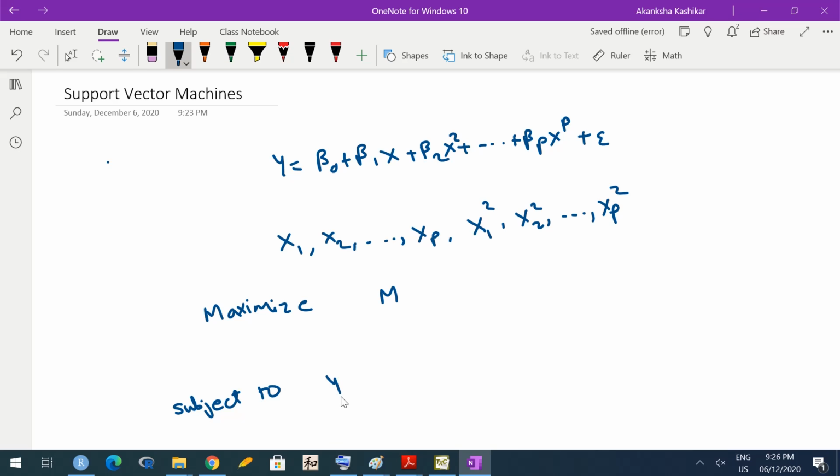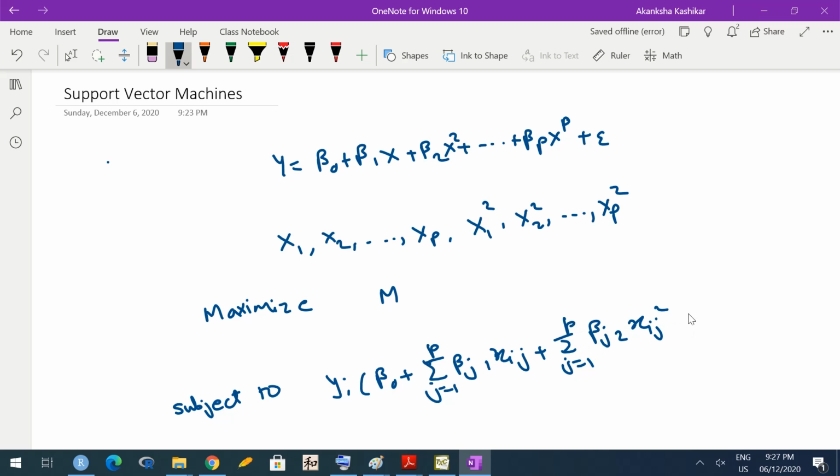So subject to yi times beta naught plus, now we have to accommodate both the original terms as well as the square terms. So summation beta j1 xij, j going from 1 to p, this is for the original terms, and summation beta j2 xij square, j going from 1 to p, this is for the square terms, and this should be greater than or equal to m times 1 minus epsilon i.